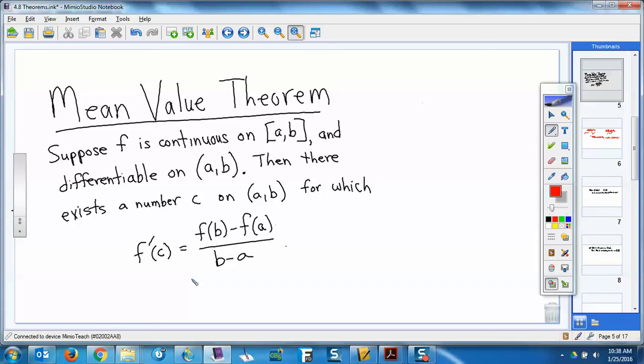Now let's talk about this. What does that say? What's the left side say? I mean, I know it says f prime of c, but what does the left side say? The slope at point c. Right? And what does this side say?